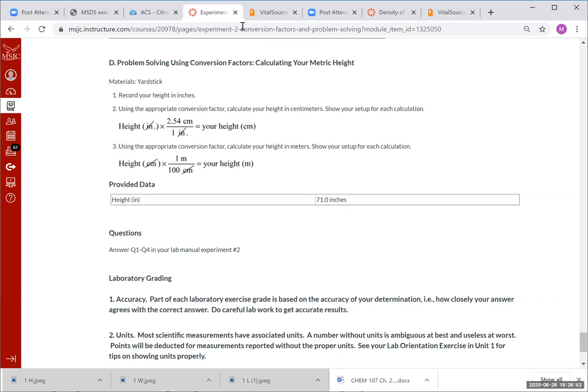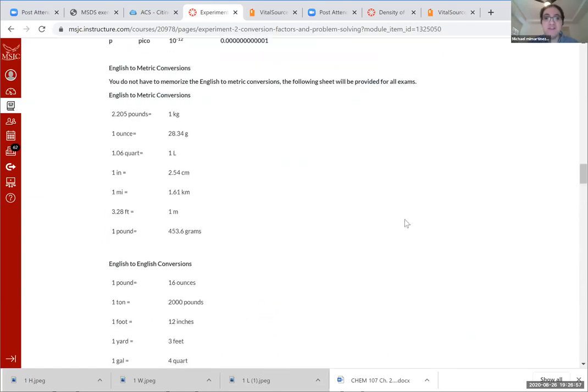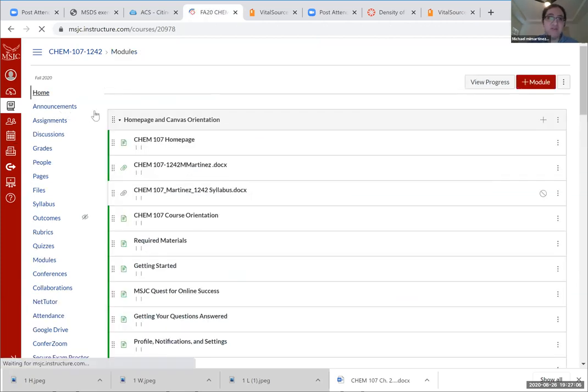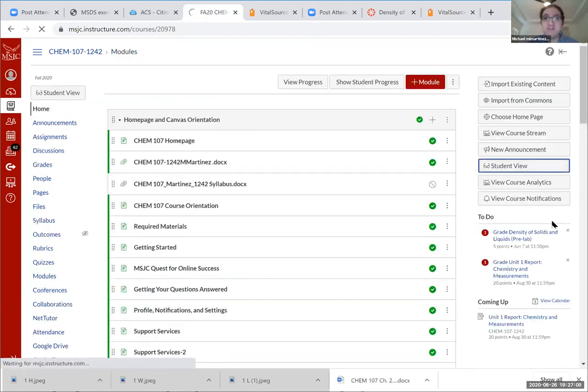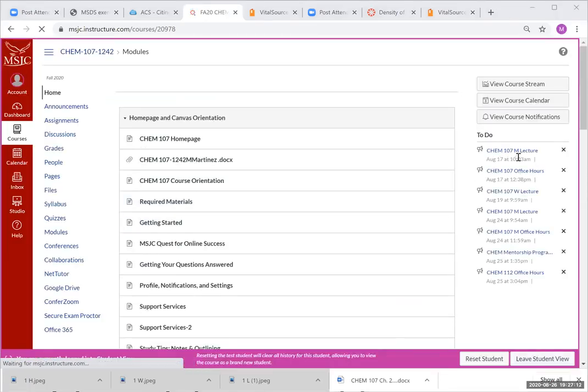Okay. And just as a reference, all of the due dates in Canvas that I will be collecting assignments for. So if you go to the home page and you view it from a student view, it will show on your to-do list, there are different announcements.